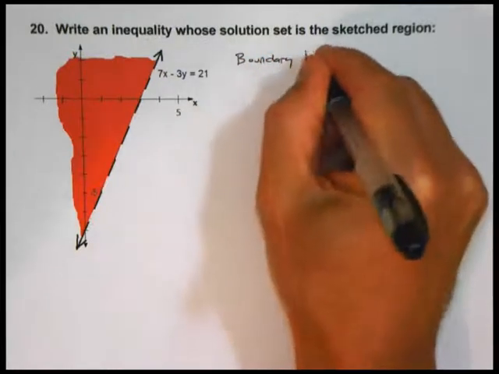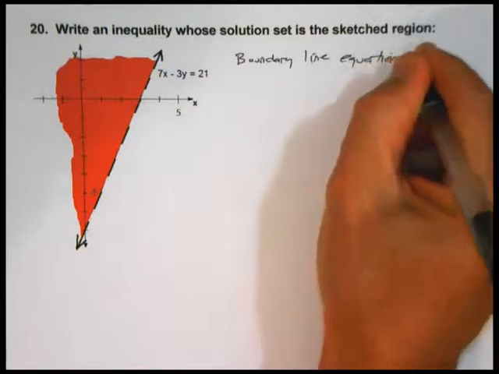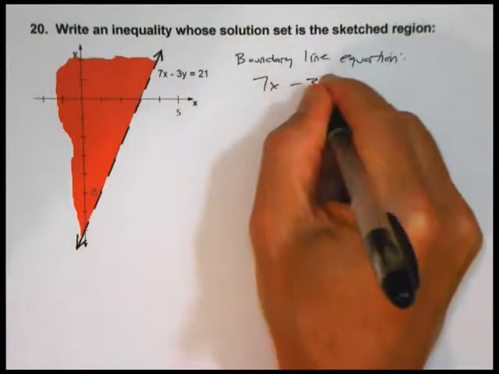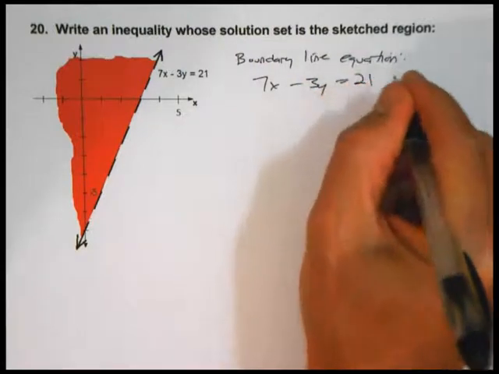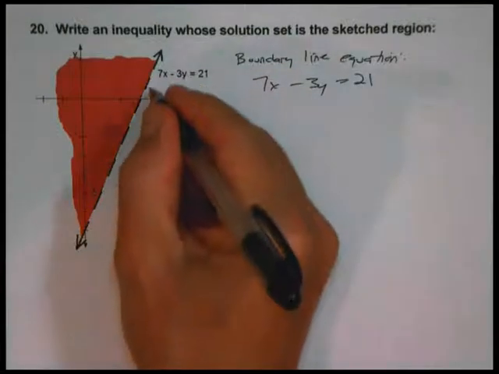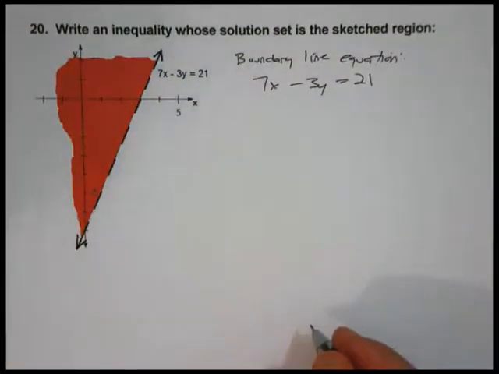Boundary line equation. That's 7x minus 3y equals 21. We also notice this boundary line is dashed. So the final answer is not going to be an or equals to type of inequality, it's strictly going to be greater than or less than.